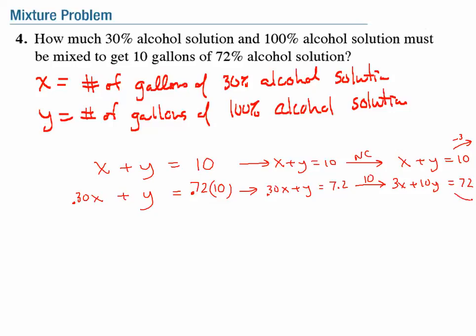The bottom is going to be no change, as we get our x's to be the opposites. So writing it out over here on the left-hand side of the screen: negative 3x minus 3y gives you negative 30. 3x plus 10y gets you 72.